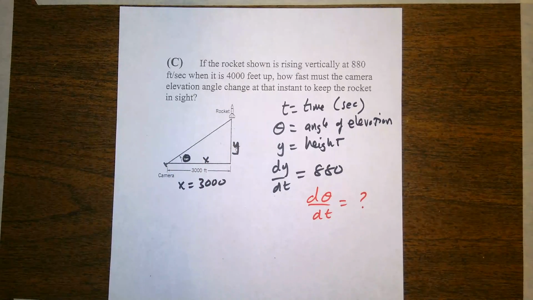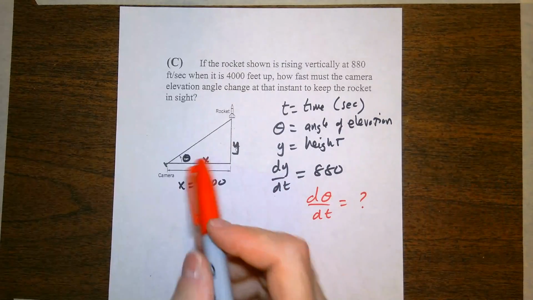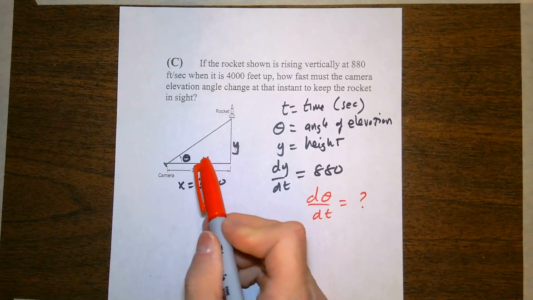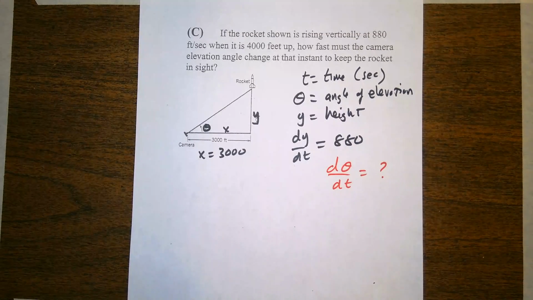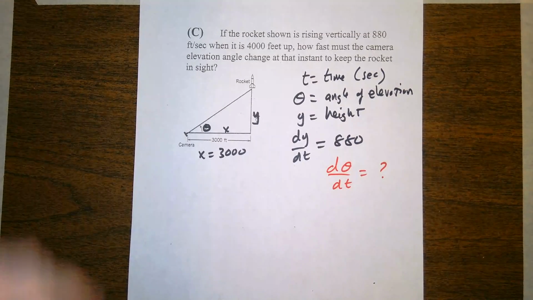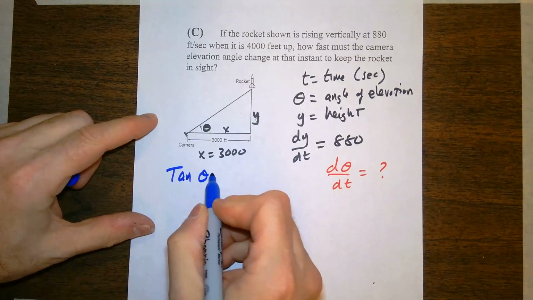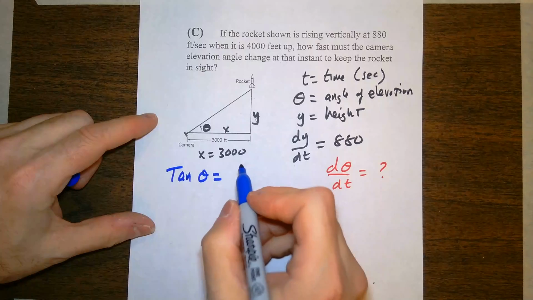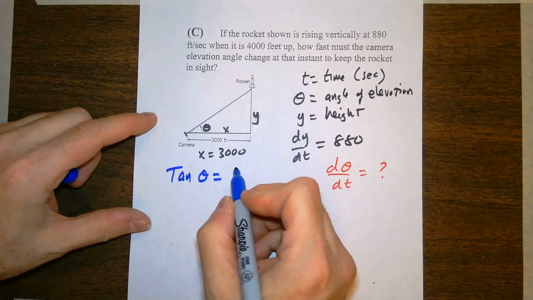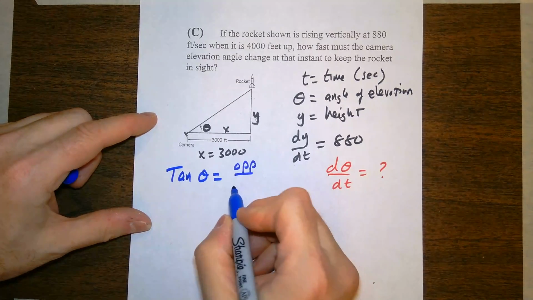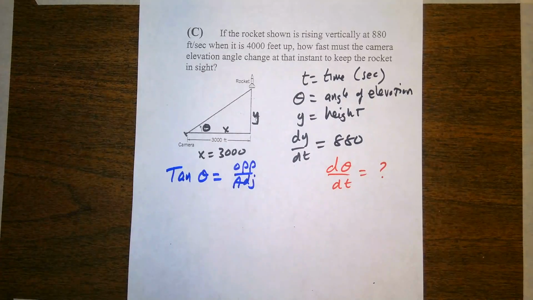This is not going to be the Pythagorean theorem. What equation relates an angle, an opposite, and an adjacent? Yes, tangent. Did anyone say that out loud? That would be funny if somebody said that out loud. Tangent. So I know that the tangent of any angle is the opposite side over the adjacent side.